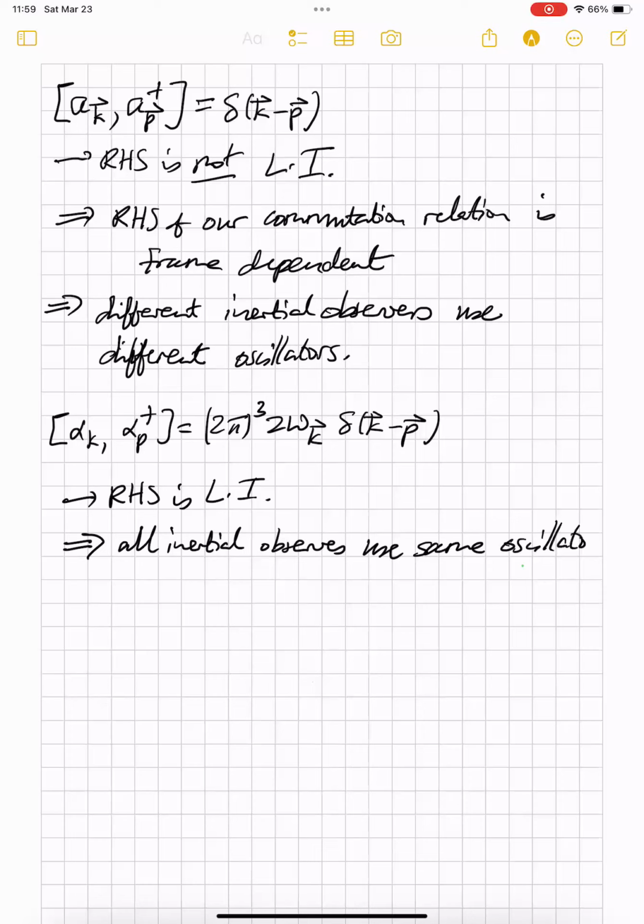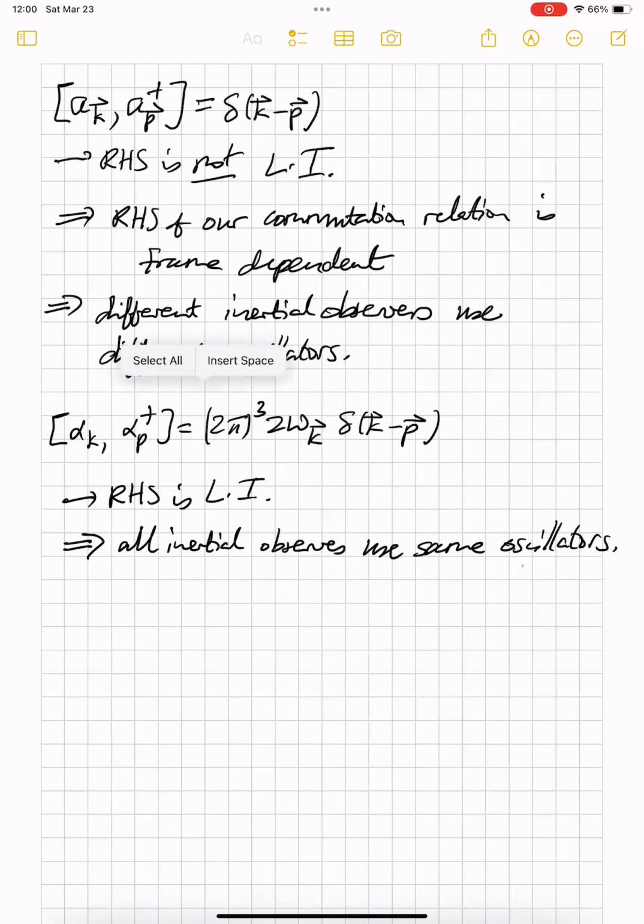And the big advantage of doing things like this is that it's obvious why you get Lorentz invariant answers. It's obvious that you have built the theory in a Lorentz invariant way. So it's, I think, a much better formalism to use because you make Lorentz invariance manifest, okay?